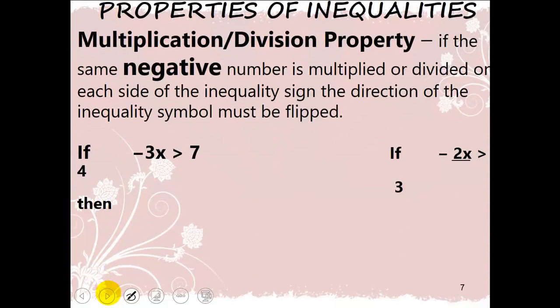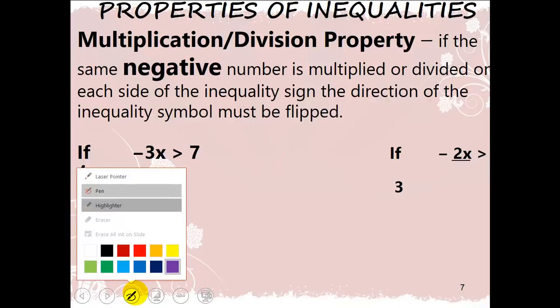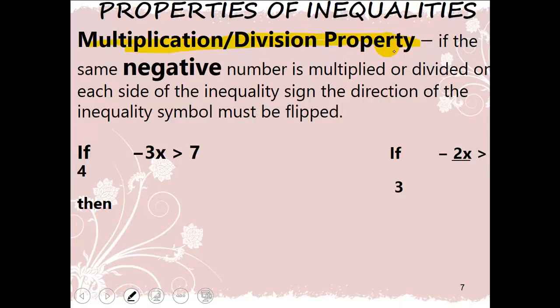But now, when I'm multiplying or dividing an inequality by a negative number, things flip. So if I divide both sides here by -3, I must say that x is less than -7/3.